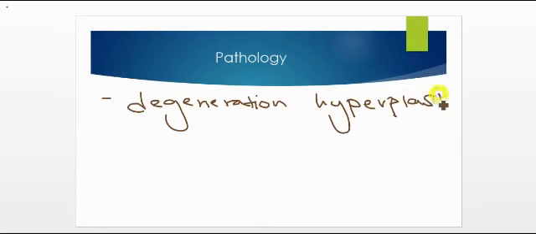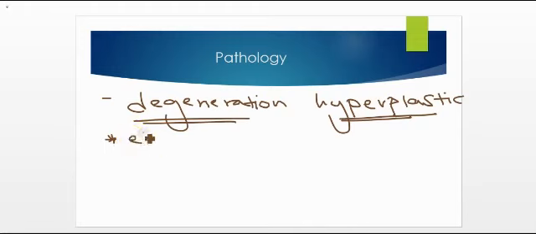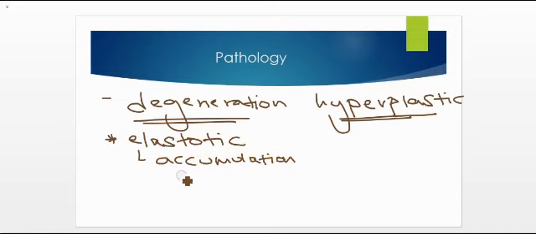You have to understand these two words. I keep saying this, because that tells you the pathology. So degeneration, what type of degeneration? There's going to be elastotic degeneration. Now what do you understand by this elastotic degeneration? That means as it degenerates, there is going to be accumulation or deposition of elastin or elastic tissue.